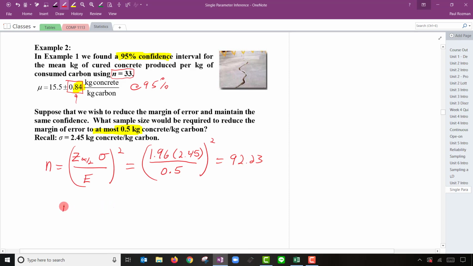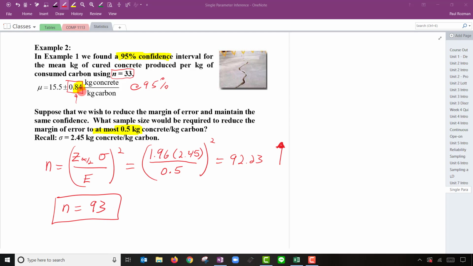So make your sample size 93. Round it up. In order to get the error down from 0.84 down to 0.5, I should have poured 93 slabs of concrete and tested them instead of doing 33.